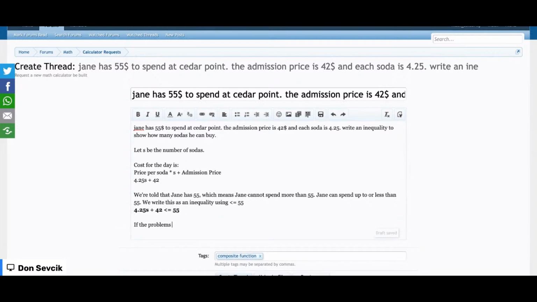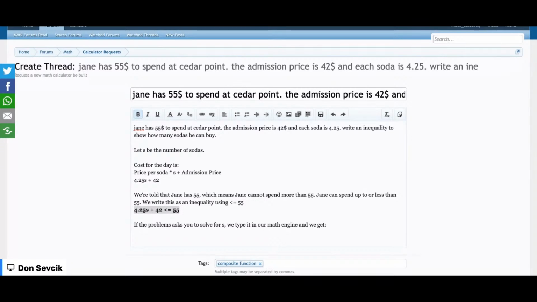If the problem asks you to solve for S, we type it in our math engine. So what I'm going to do is go off screen real quick into the Math Celebrity site.